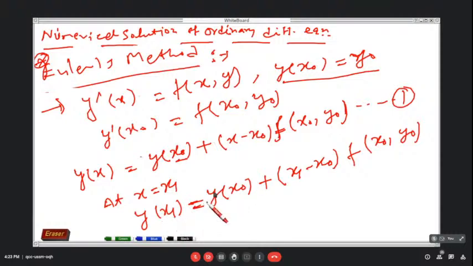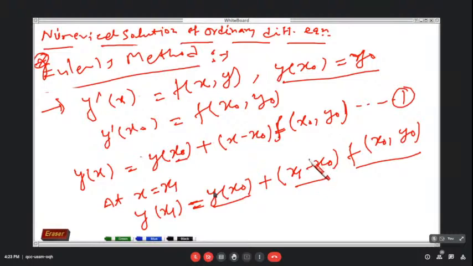So at x equal to x1, you can find this value if you know this value, this difference, and this value, right? Now this is given because this is the initial condition, and this we can decide, the step, how we are going from x0 to x1, means x1 minus x0.